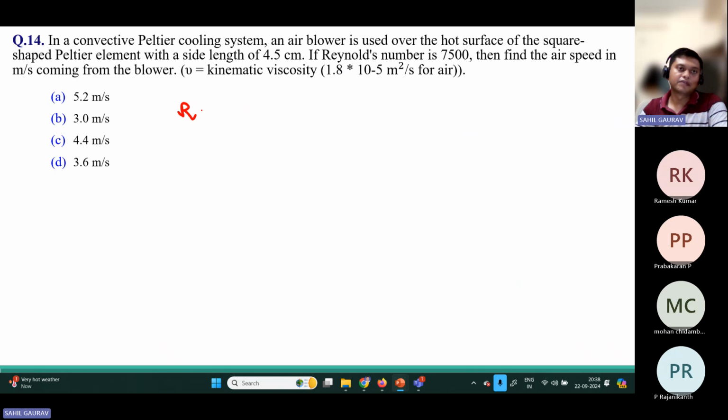So we have seen the Reynolds number expression, which is u x upon nu, where nu is the kinematic viscosity. So Reynolds number is u x upon nu. This is for a forced convection system.